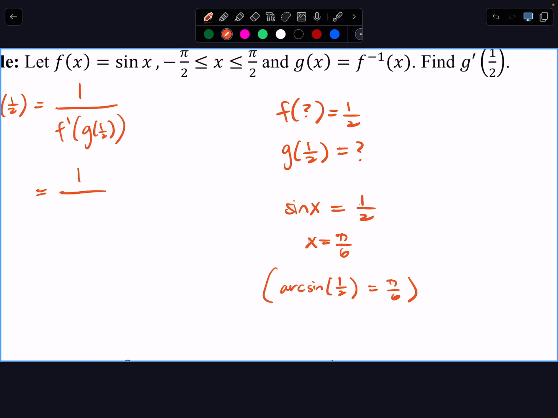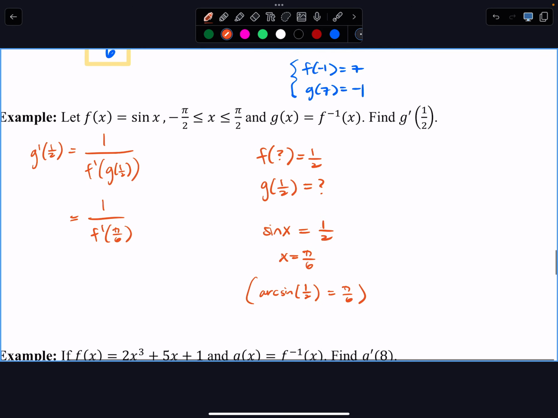So then you need to figure out what f prime of pi over 6 would be. Are we okay over here? What is f prime? Cosine of x.